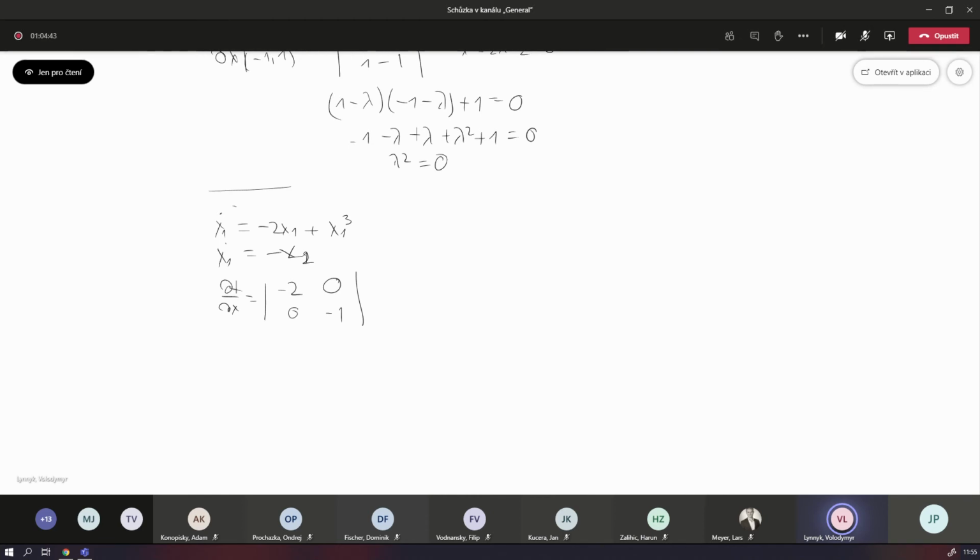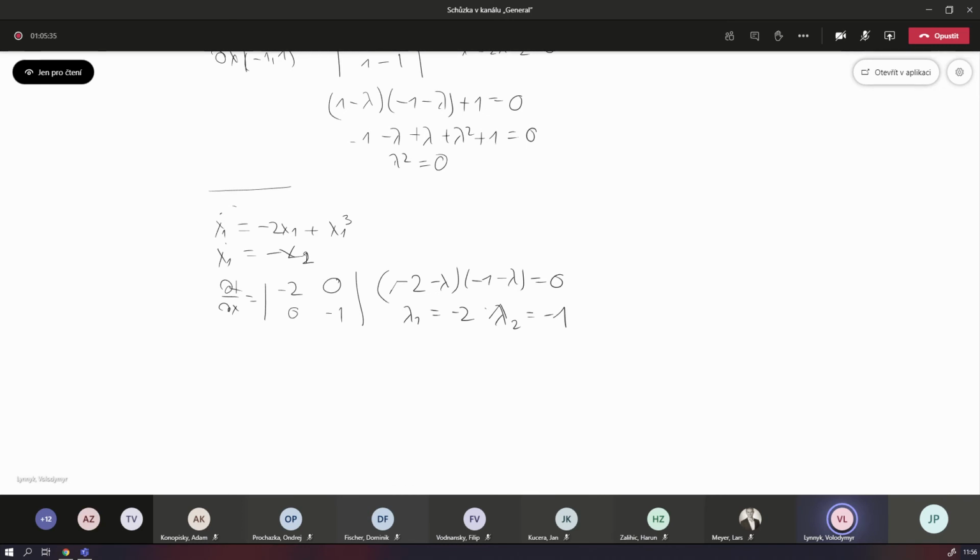Okay, and in 0, 0, the eigenvalue is: minus 2 minus lambda, minus 1 minus lambda equal to 0, lambda 1 equal to minus 2, and lambda 2 equal to minus 1.